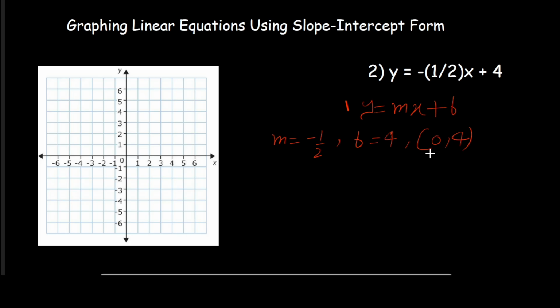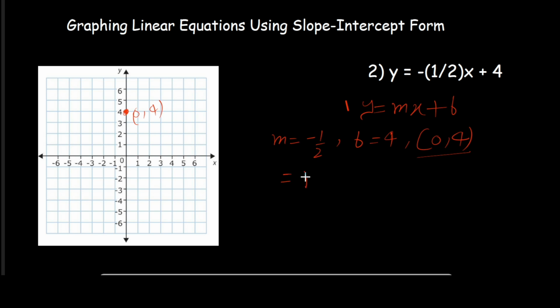Now let's plot this point, which is the y-intercept, (0, 4). So here we have (0, 4). Now using the slope, I'm going to plot another point from this point. We have slope negative 1 over 2.